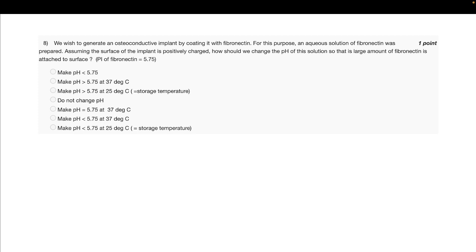The first one who answered, would you like to? Yeah, go ahead. You were saying something. When you are making the pH greater than 5.75, the attachment to the surface may be more.